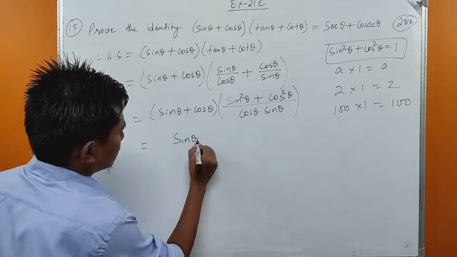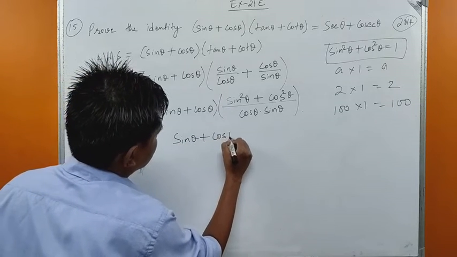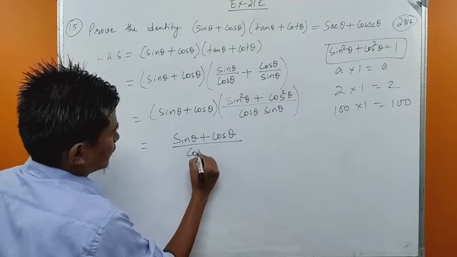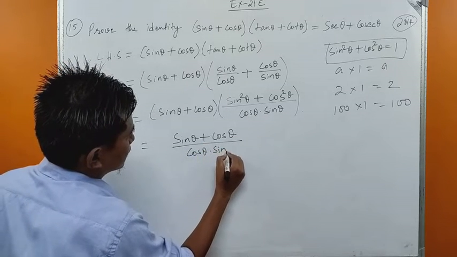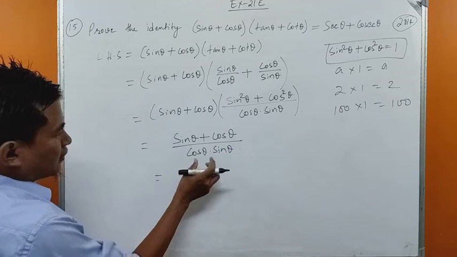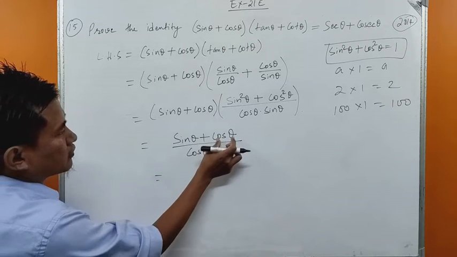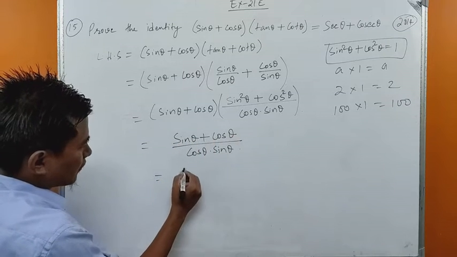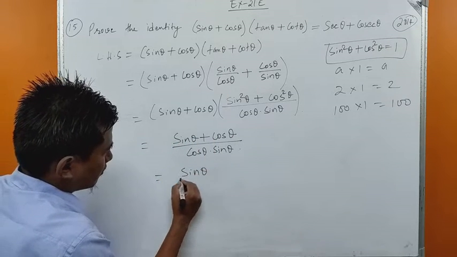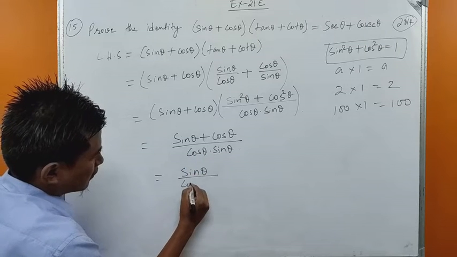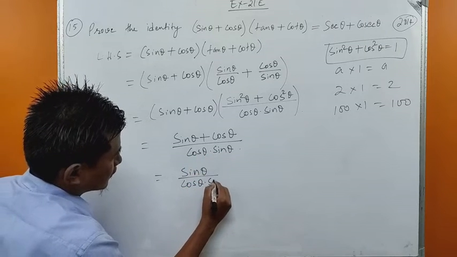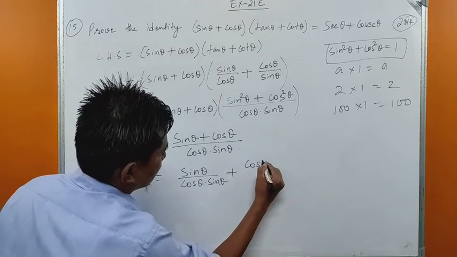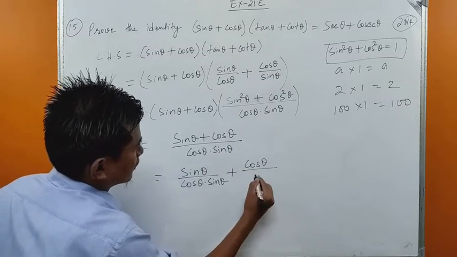Sin theta plus cos theta whole upon cos theta into sin theta. Now we write this separately in the denominator: sin theta upon cos theta sin theta, plus cos theta upon cos theta sin theta.